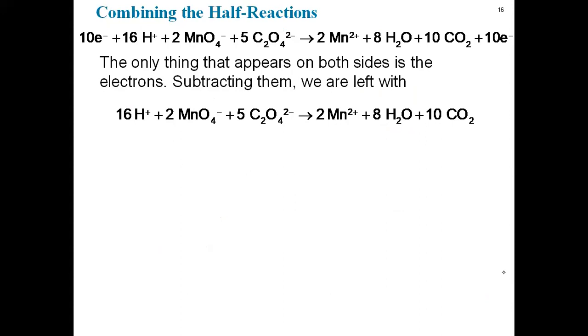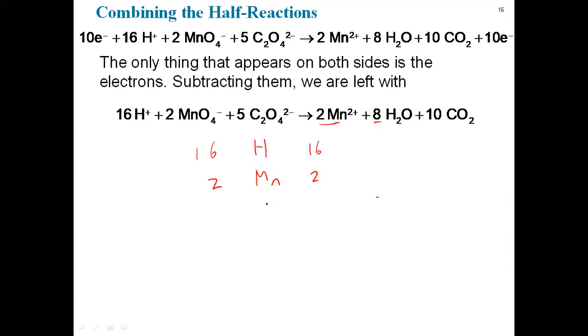But you need to make sure the equation is balanced by checking all the atoms. So we make a list. Our first element is H. On the left, we have 16 H. How many H on the right? 8 times 2, also 16. Next element is manganese. How many Mn on the left? 2. How many Mn on the right? 2. So that's balanced.